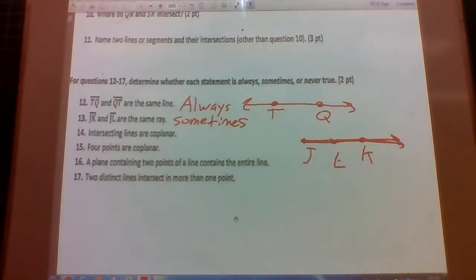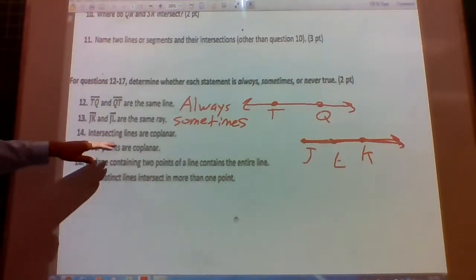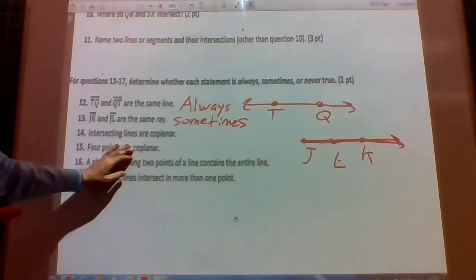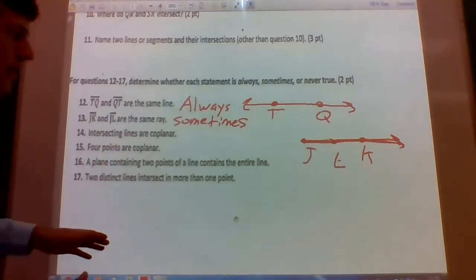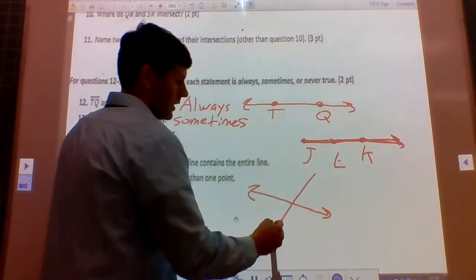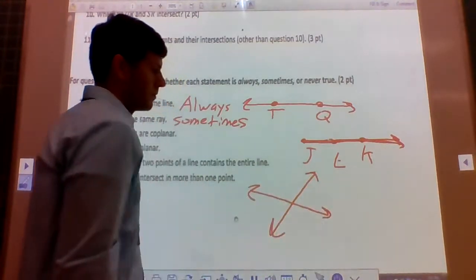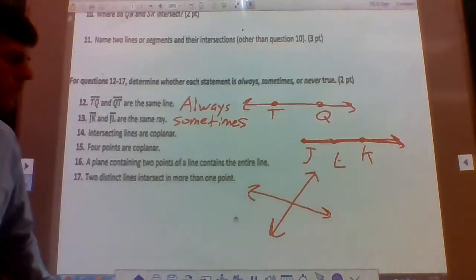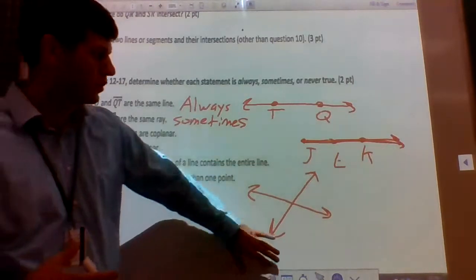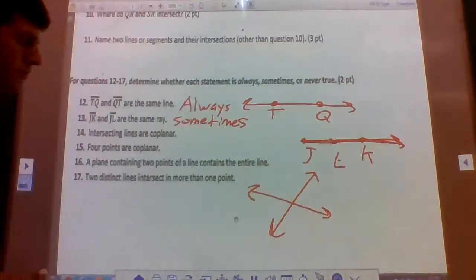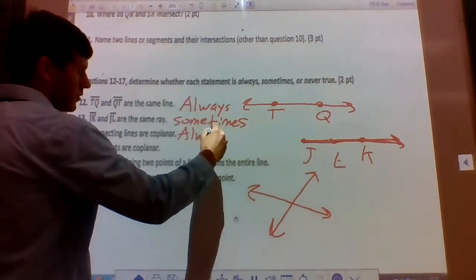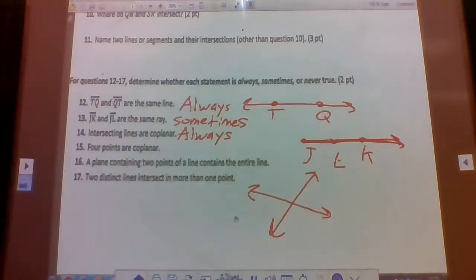Right, and the reason why 2 intersecting lines are coplanar is that lines are one-dimensional, planes are two-dimensional. So if we have a line, then we have another line, we now have two dimensions. So we can draw a plane that covers those two dimensions. So I think this one has to be always. I don't think there's a scenario where it's not.